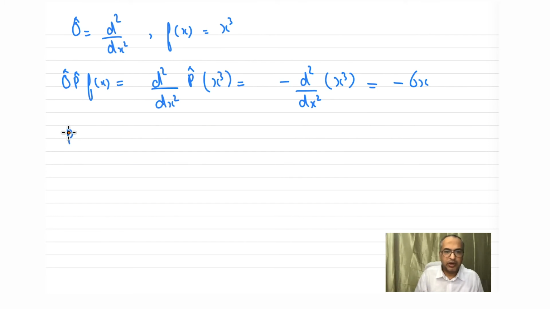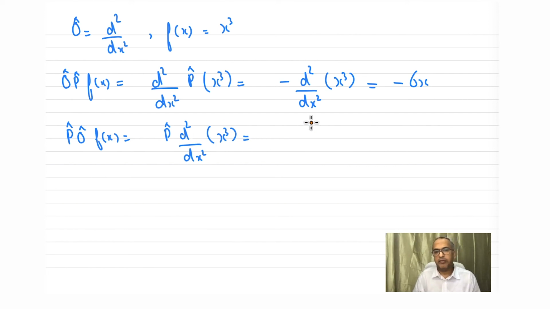Now let's calculate PO of f(x). We have parity acting on d square by dx square of x cube. The second derivative is 6x, and with parity x is replaced by minus x, so we get minus 6x.